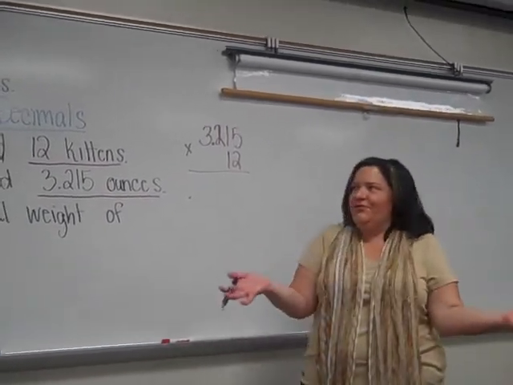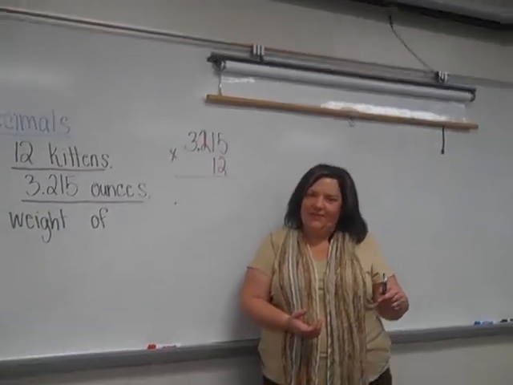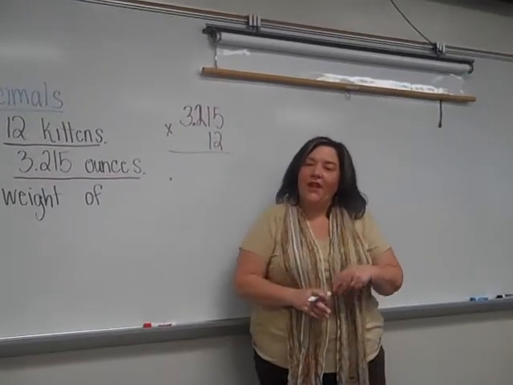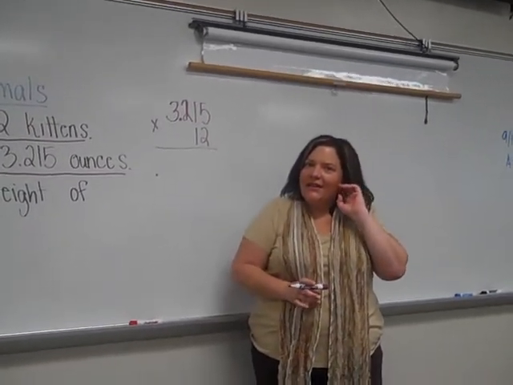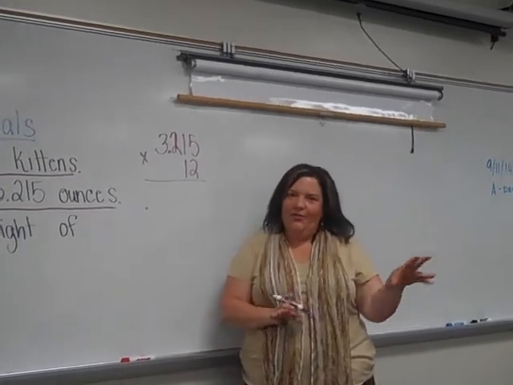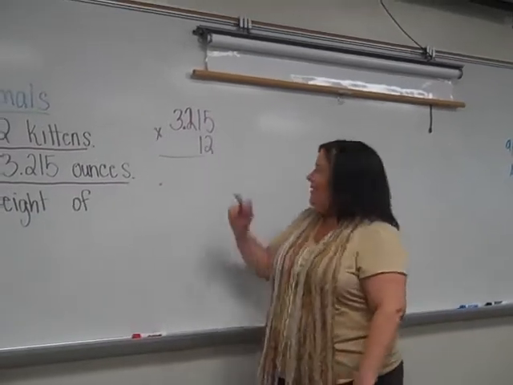So we're going to do traditional multi-digit multiplication of these two factors to find the product, but we're going to worry about that decimal point later. So at this point, just ignore the decimal point.